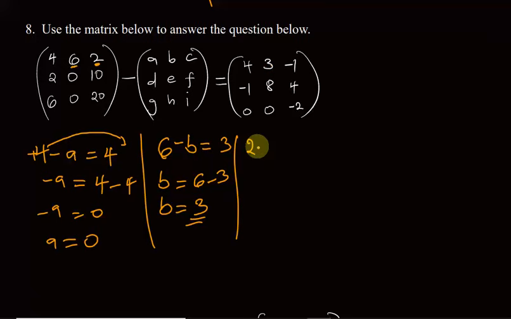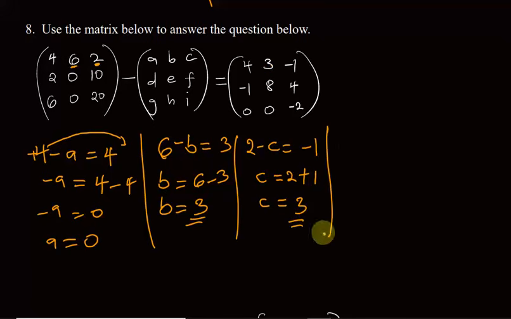This 2 minus c is equal to negative 1. So if I take c to the front side, we will have c is equal to 2 plus 1. 1 will come to the other side. Therefore, c will be 3. Let's look for d. 2 minus d is equal to negative 1. If I take d to the other side, we will have d is equal to 2 plus 1 still. So d will be 3.